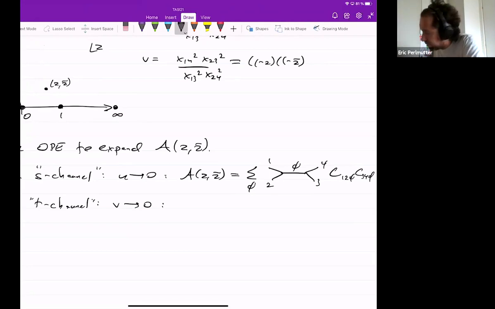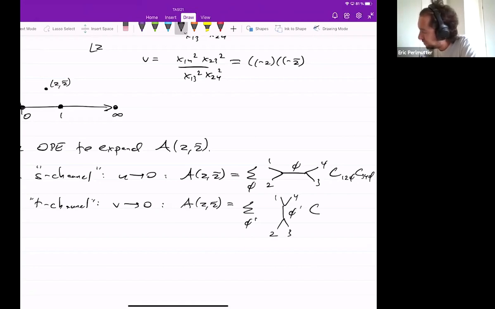And in this case, we're going to expand in the 1, 4 goes to 2, 3, because that's what makes V small, right? So we have some other sum over some other set of operators in general, a phi prime. 1, 4, 2, 3, phi prime in the middle, and now this combination of OPE coefficients.